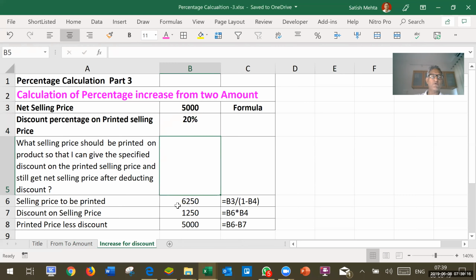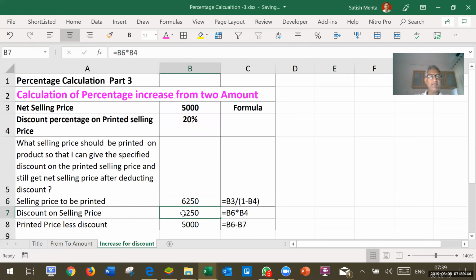So for doing that, the calculation is this. This selling price, we have to divide by 1 minus discount percentage. And that we have to put in brackets so that it calculates correctly. This is the formula and it calculates the selling price to be printed as 6,250.